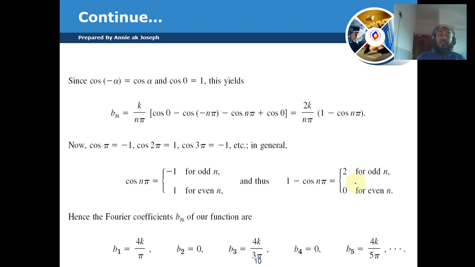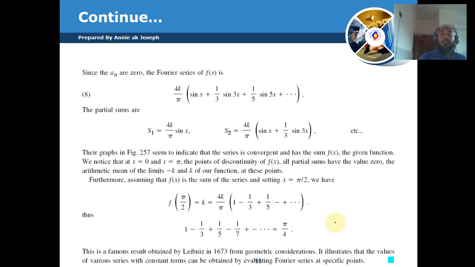Then the Fourier coefficients bn for our function: b1 equal to 4k divided by pi, b2 equal to 0, b3 is like this, b4 equal to 0, b5, etc. See, so even numbers will be 0, but odd numbers will have a series. So 4k divided by pi, 3 will be 4k divided by 3 pi, 5 will be 4k divided by 5 pi.